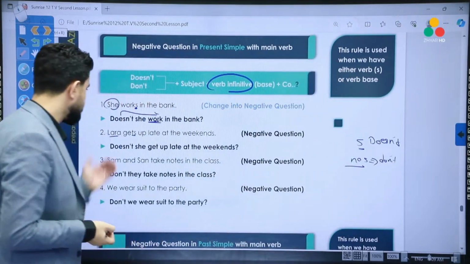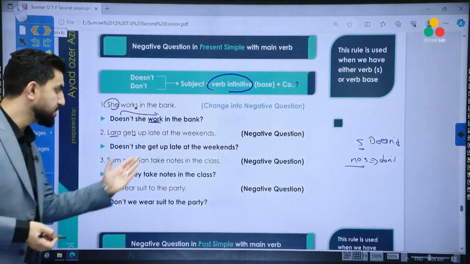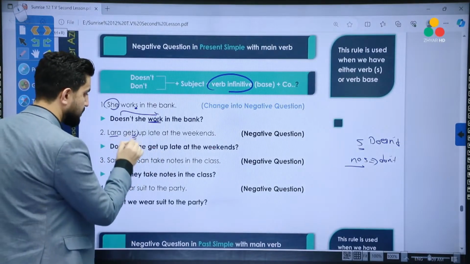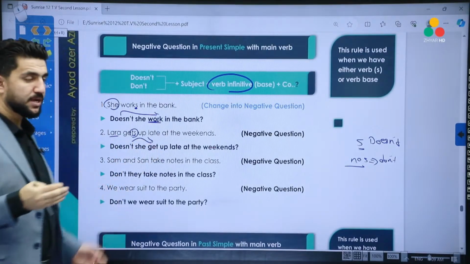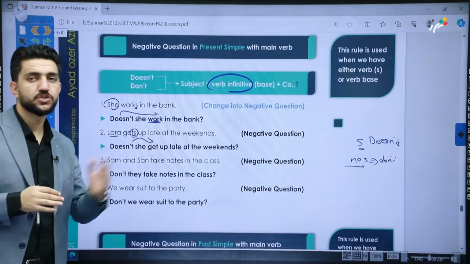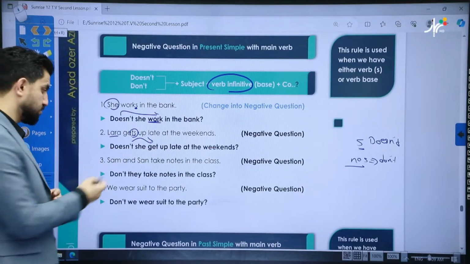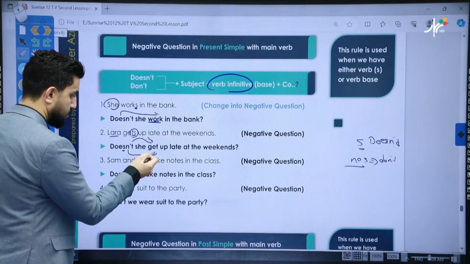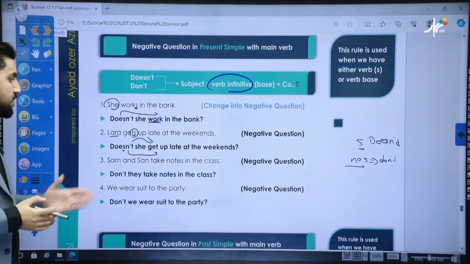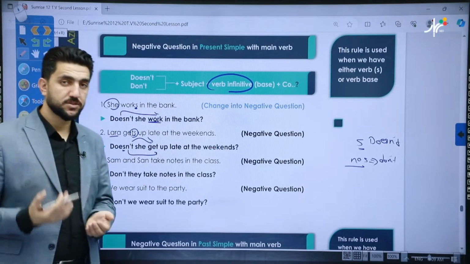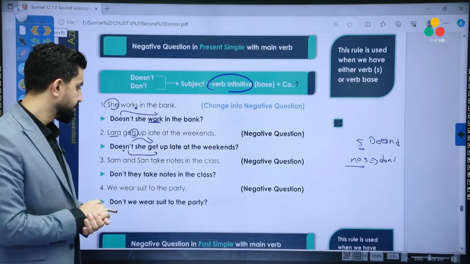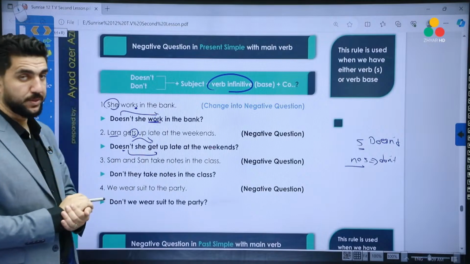Since we have s: doesn't she get up? Not gets up, because we have the s in does, so we drop the other s. We say: doesn't she get up late at the weekends?